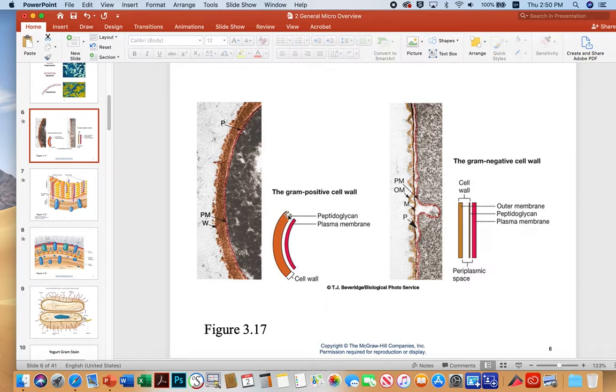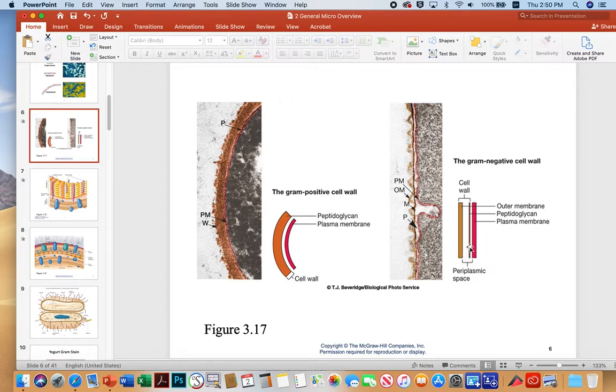The Gram-positives have a thick peptidoglycan layer or cell wall. They have a small little periplasmic space in between, and then this layer here is the plasma or cell membrane. The Gram-negatives are a little bit more sophisticated. They have an outer membrane, and then a periplasmic space, apparently a larger periplasmic space, but I don't know if anybody's ever really measured it.